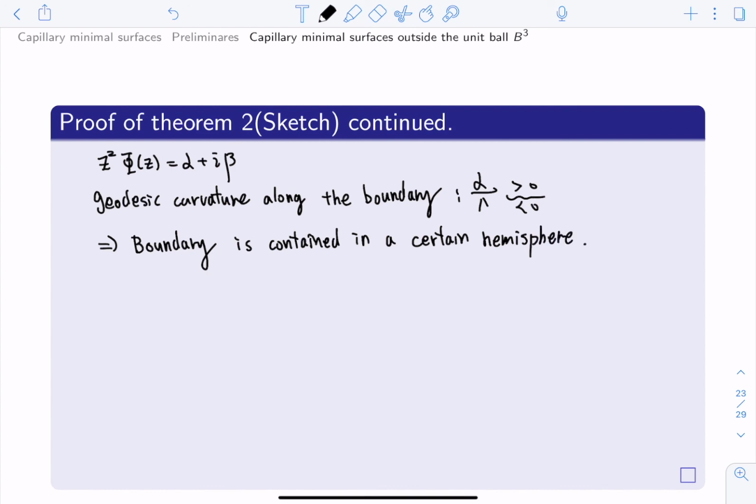So now recall that we are assuming that the surface has a vanishing flux vector, but it contradicts the assumption, because along the boundary, the flux vector has a non-zero component parallel to the vector pointing to the north pole of the hemisphere.